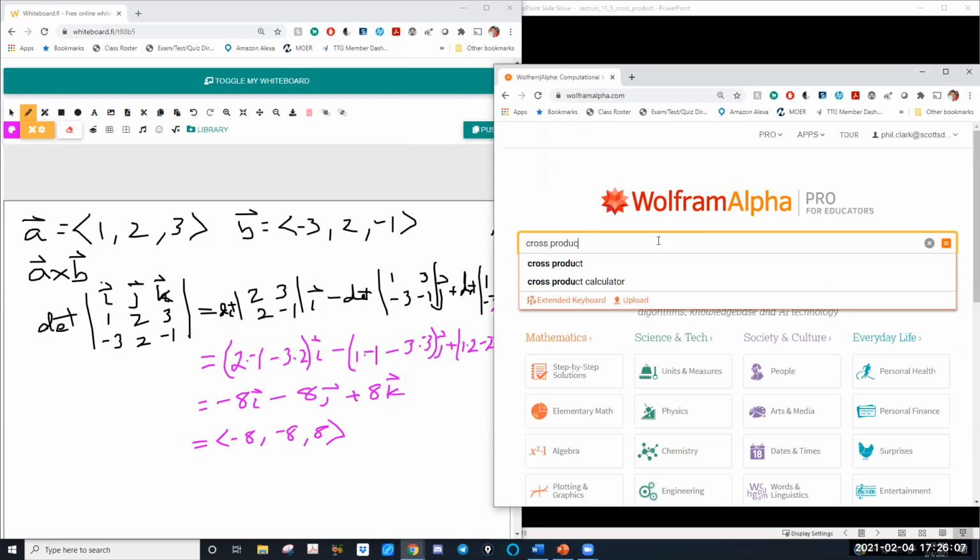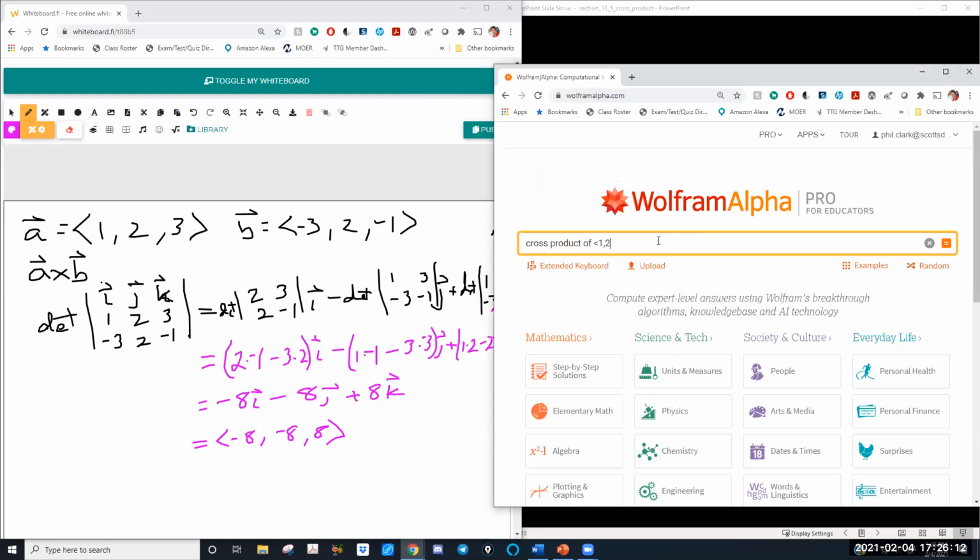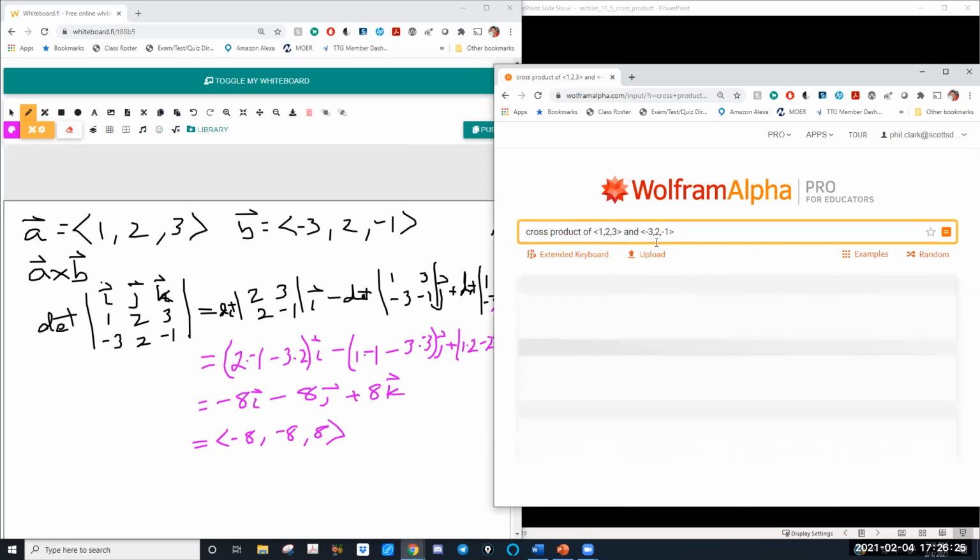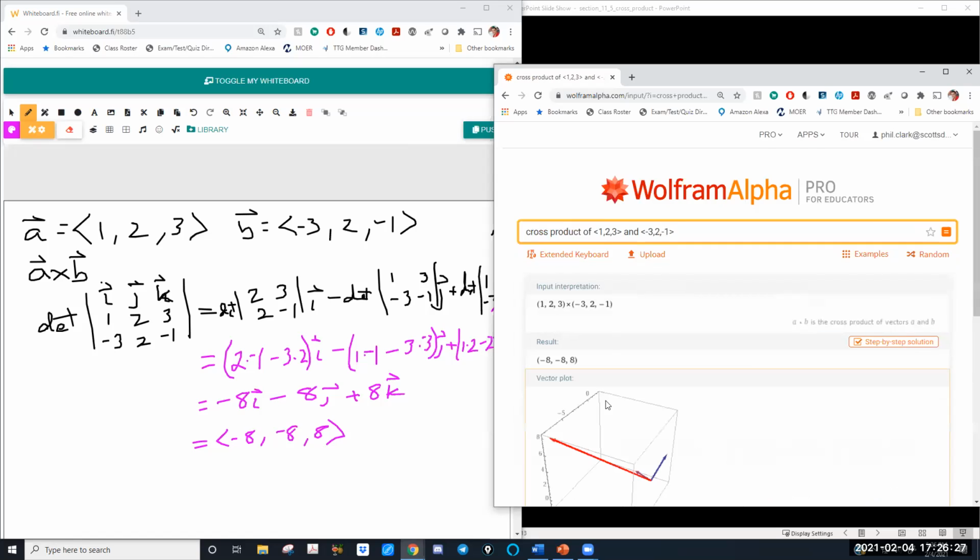So cross product of, what do we have? 1, 2, 3, and -3, 2, -1. And there it is, -8, -8, 8.